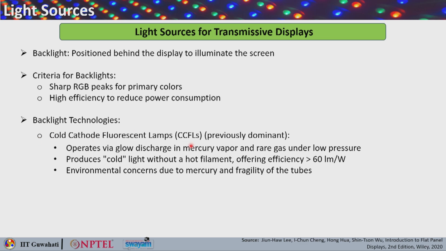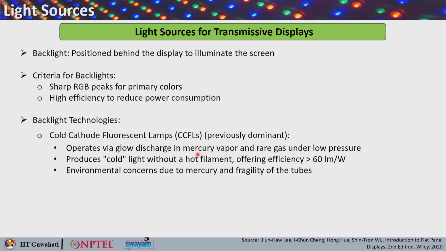So, the previously dominant technology was cold cathode fluorescent lamps, that is CCFLs. They used to operate via glow discharge in mercury vapor and rare gas kept under low pressure. So, this produces cold light without any hot filament, and they used to offer efficiency greater than around 60 lumen per watt.